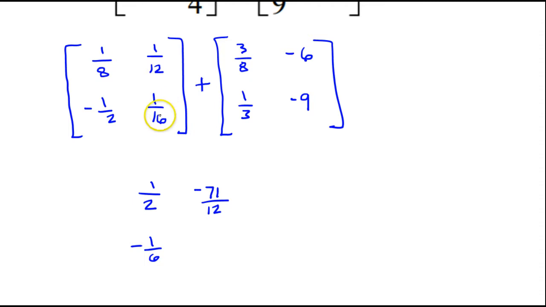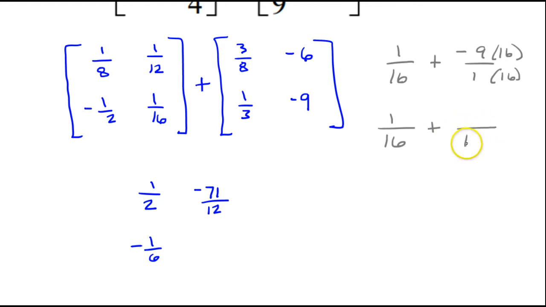And finally I have 1/16 plus negative 9. So I need common denominators. I need like denominators, so I will multiply by 16 over 16. So that's going to give me 1/16 plus negative 144 over 16.